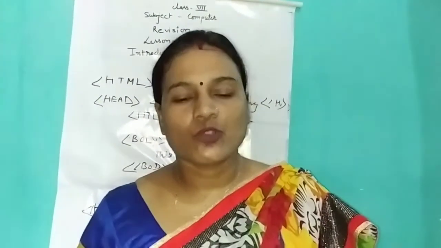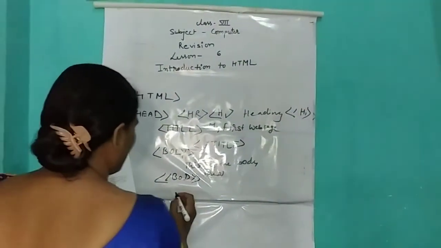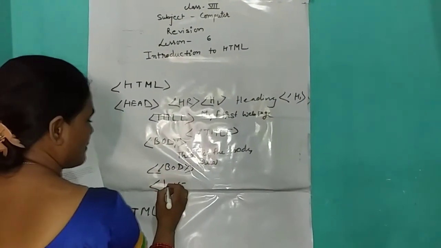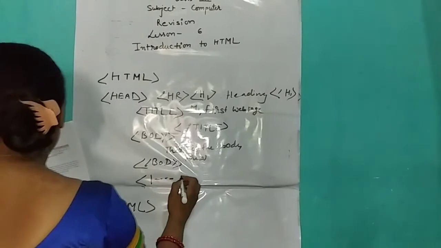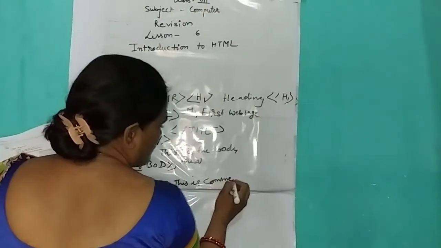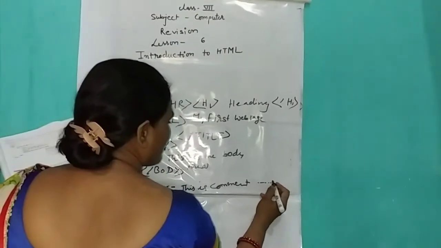And it is not executed by the compiler. Clear? Like if you want to declare a comment, then see, this is a comment. Clear, children? This comment and this one.